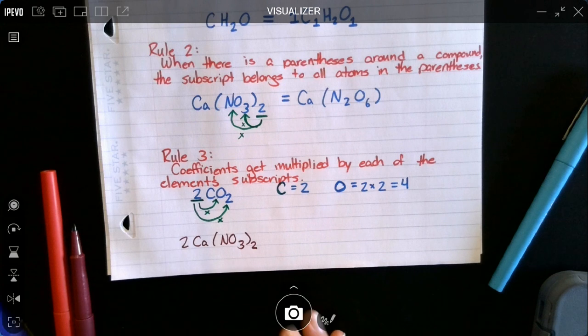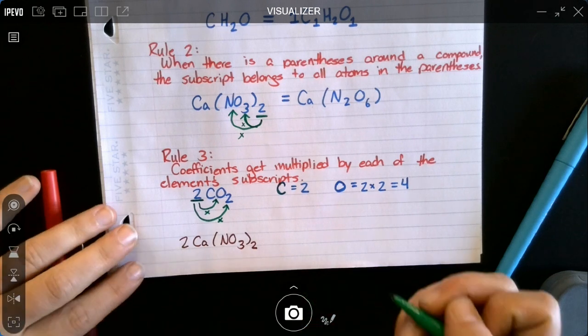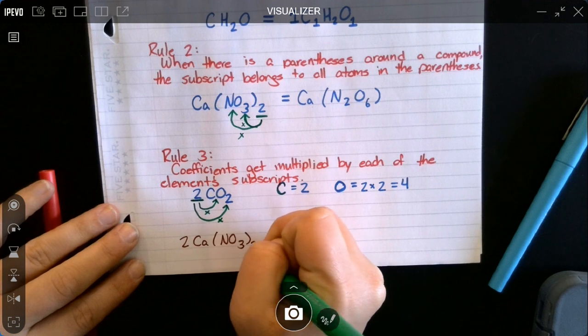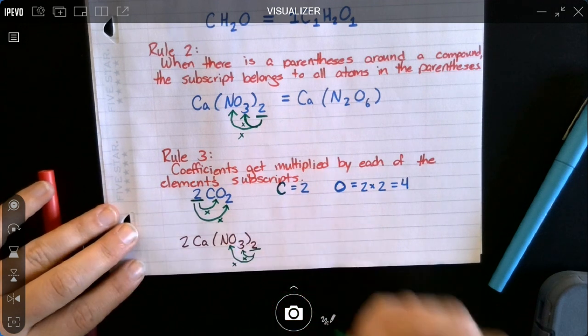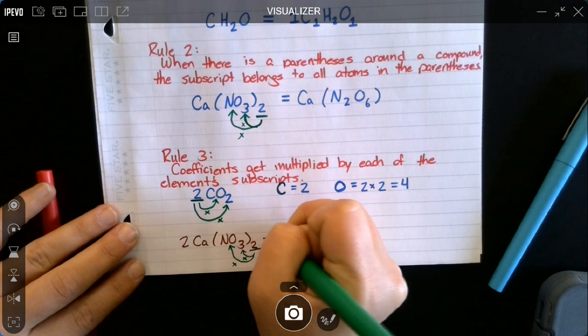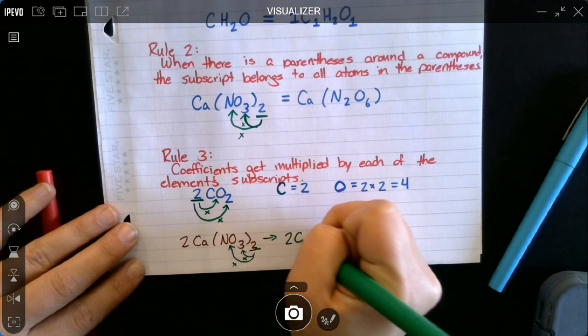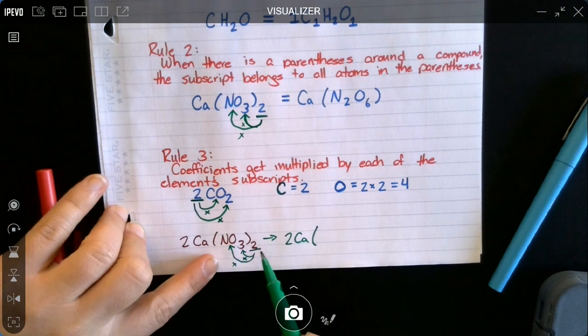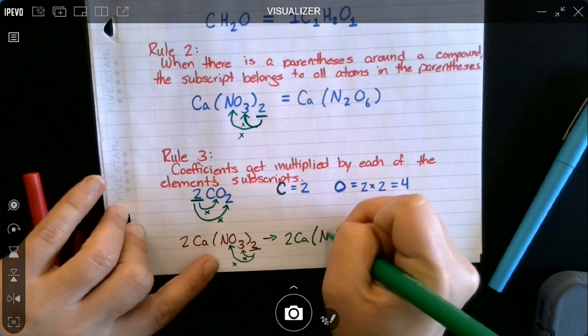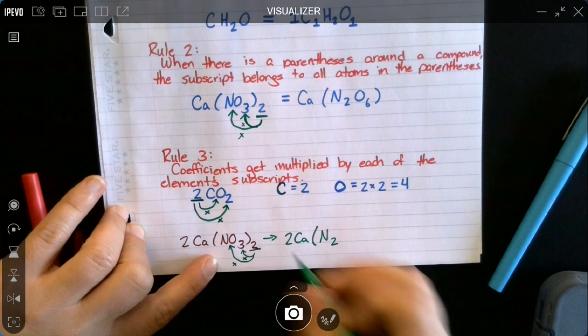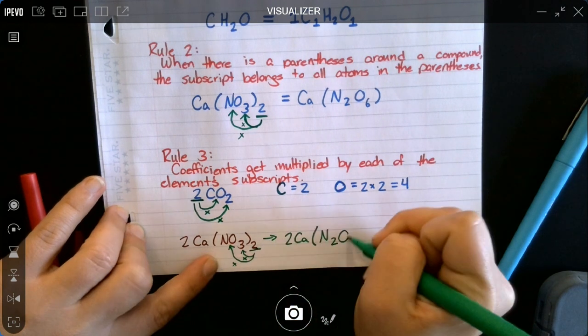So how we get rid of the parentheses is we'll take this 2 on the outside and distribute it, just like in math. So now we have 2 Ca, and then I'll take my 2 outside the parentheses and multiply it by 1. So now I have 2 N's, 2 times 3, so now I have 6 O's.